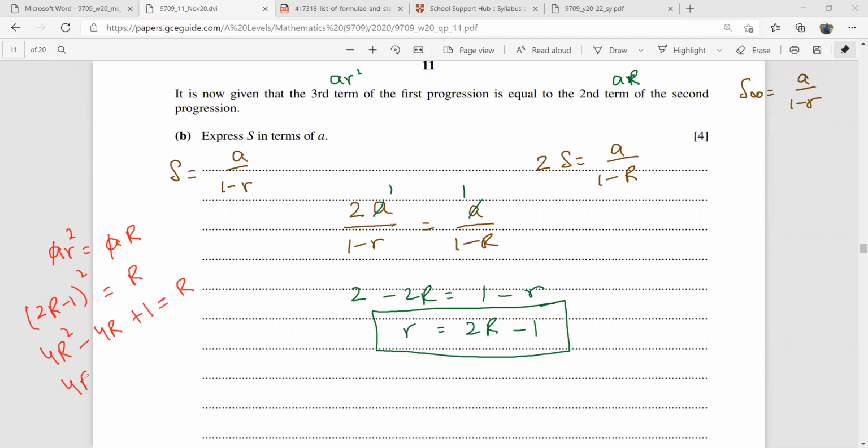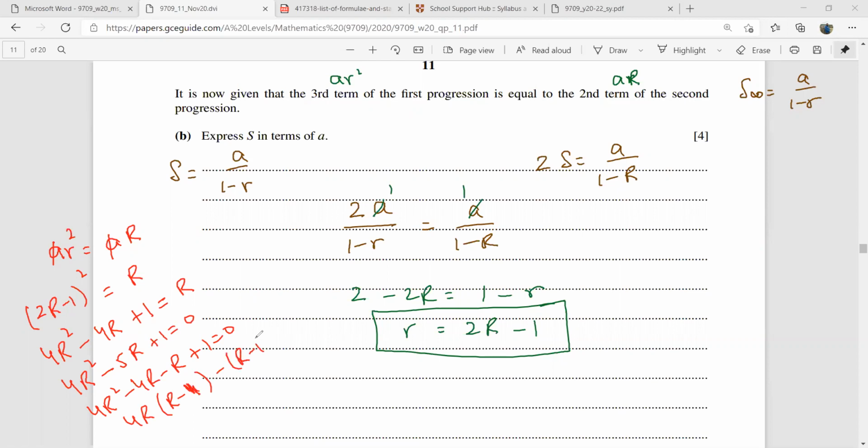So we have 4r square minus, let's make it 5r, that is minus 5r plus 1. Can we factorize this? Yes. This is 4r square minus 4r minus r. So 4r into r minus 1, right?